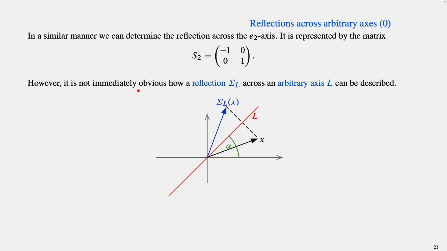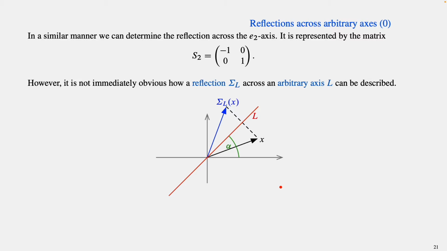But it's not really obvious how we would represent a reflection sigma L across an arbitrary axis L going through the origin. Now, look, if we have this axis L here, and it has some non-trivial angle alpha with both of the coordinate axes, then we would take any vector x here and flip it across this axis here to its reflection, but it's not immediately obvious, as I said, how we would describe this using a matrix.